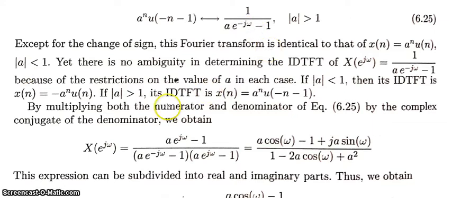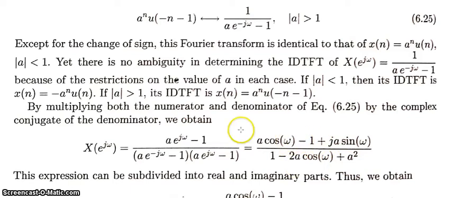Now, this X of e raised to j omega being a complex number, we need to find its magnitude and phase. For that, first we multiply both the numerator and denominator by the complex conjugate, and on rearranging we get X of e raised to j omega as a cos omega minus 1 plus j a sin omega, divided by the denominator 1 minus 2a cos omega plus a square.